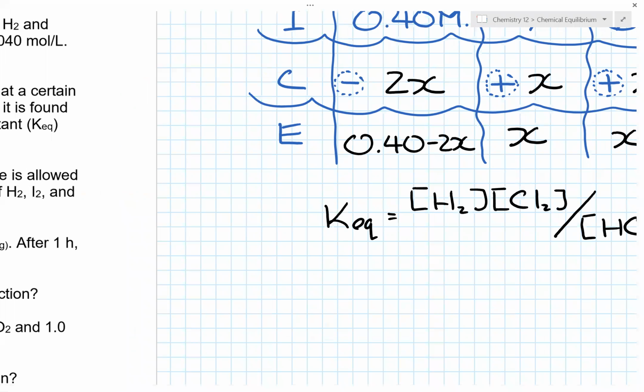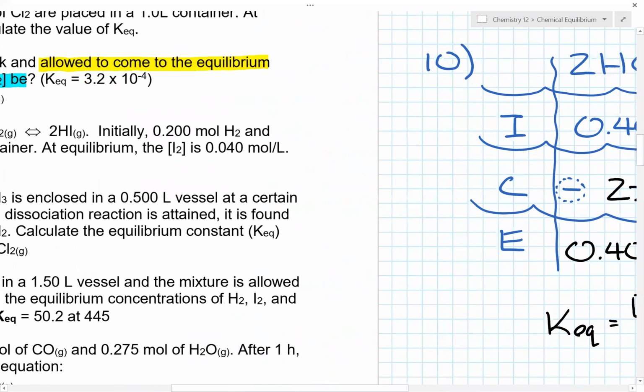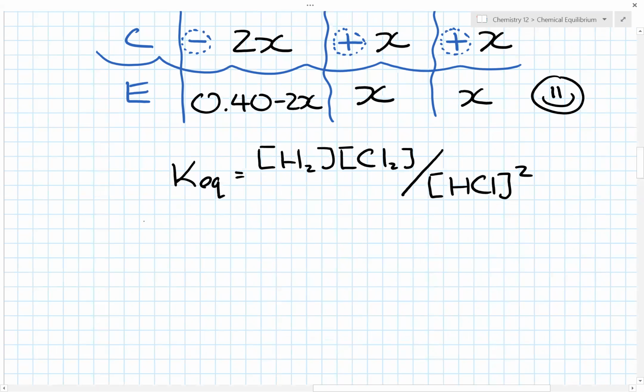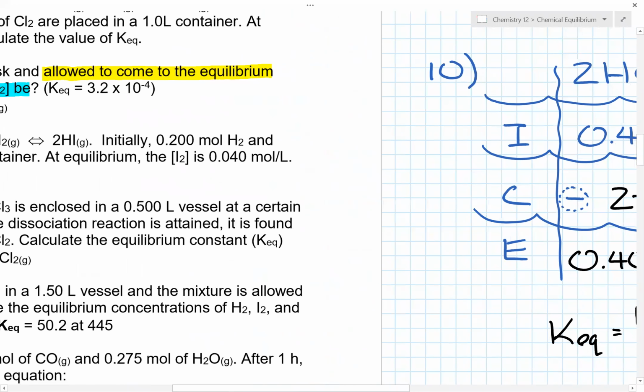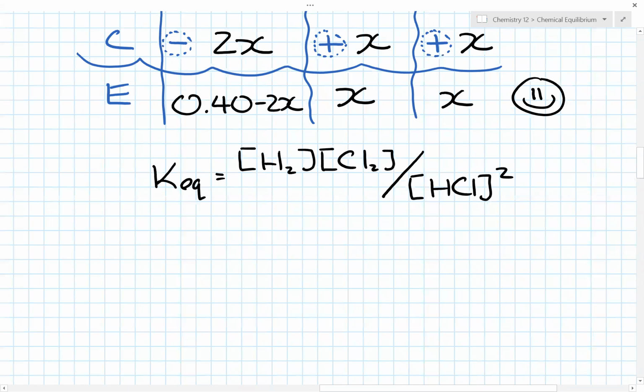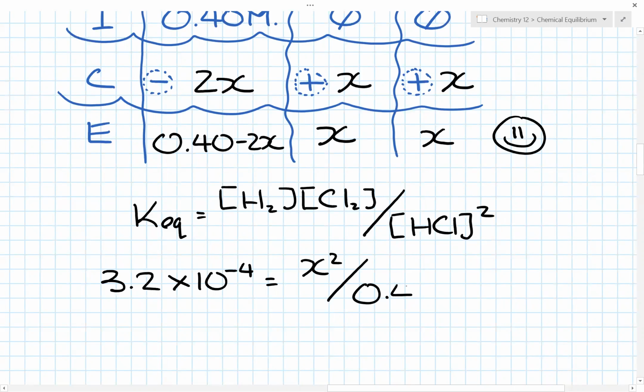So the Keq, if we look, is 3.2 times 10 to the negative 4. So 3.2 times 10 to the negative 4 is equal to x squared all over 0.40 minus 2x all squared.